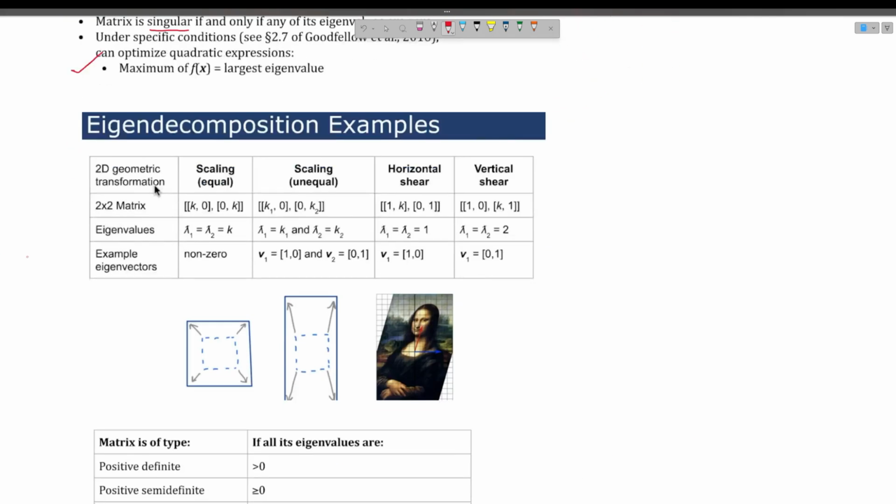Basically, for example, this is an image. Okay, this is our image, and it has, how can we call it, just like the basis vectors, like 1 0 and 0 1.